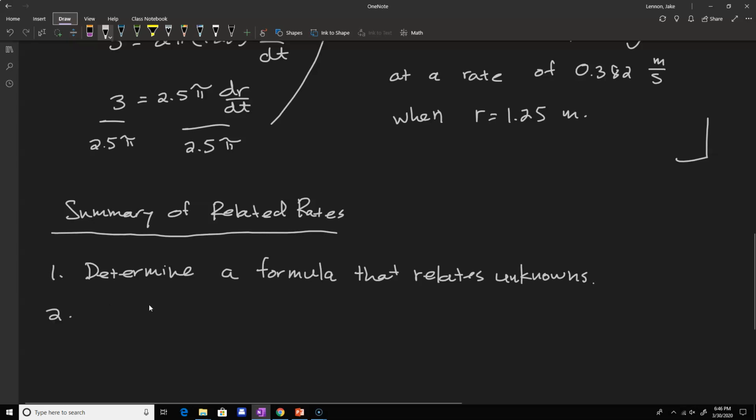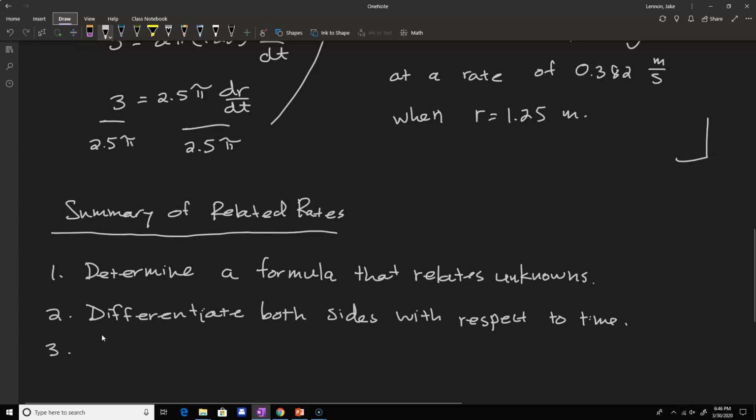Two, we want to differentiate both sides with respect to time. And then lastly, we want to plug in the known information to solve for the desired rate.